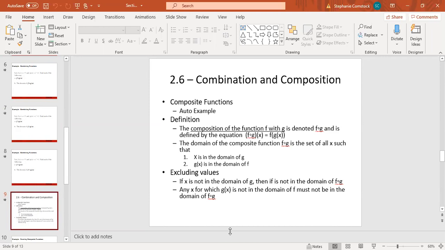With composite functions, what we're basically doing is putting one function inside of another function. The example I'm going to do has to do with buying a car and the idea of rebates. I'm going to switch back over here real quick, and then I'll jump right back.